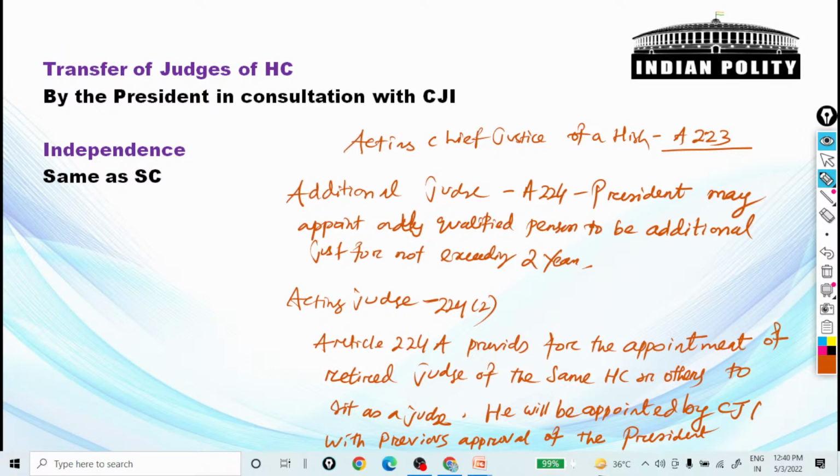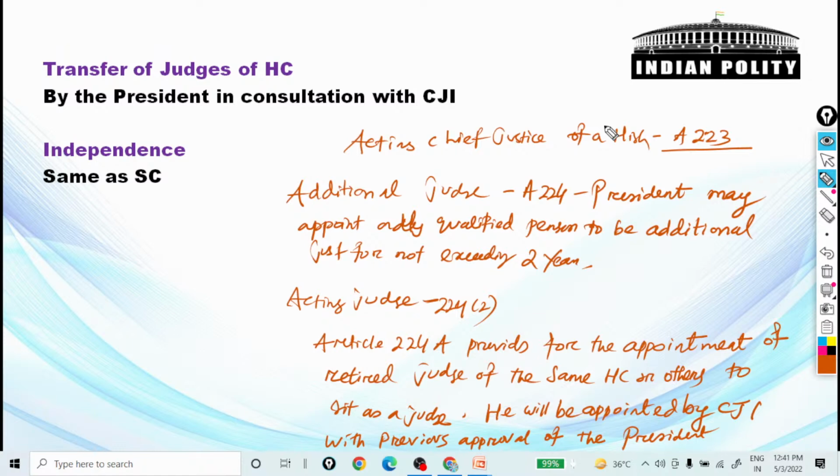So, with a view to speeding up the work, there are provisions like the additional judge and the acting judge, and even the service of retired judges is used.